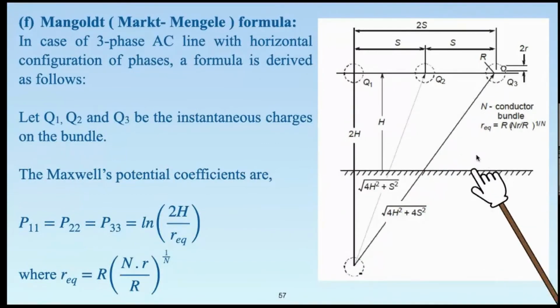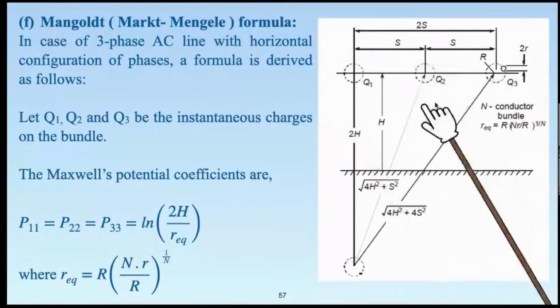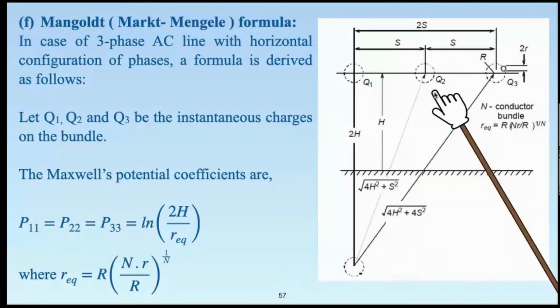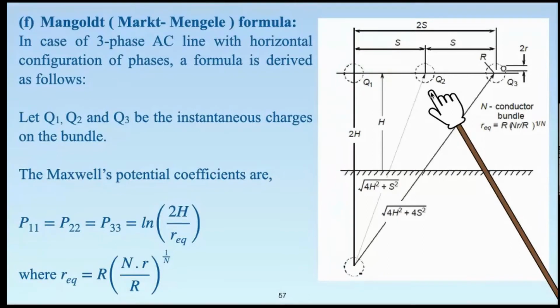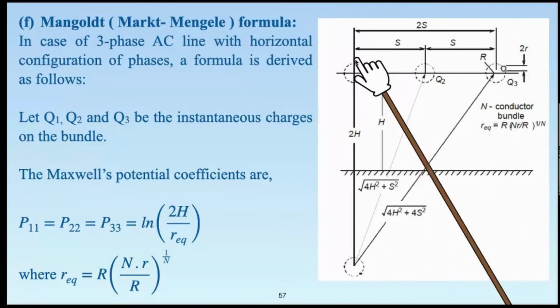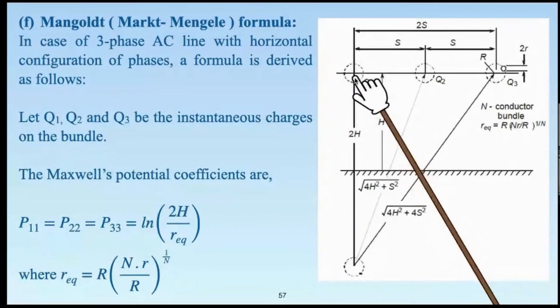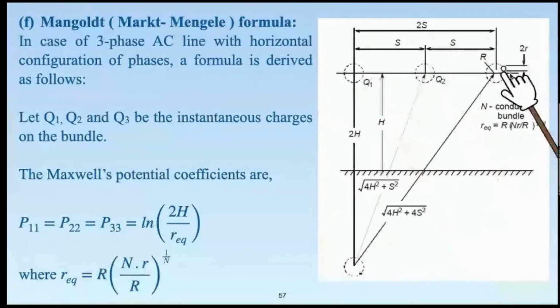So for this configuration, we want to evaluate where is the maximum electric stress, at what point it is maximum. So for this, what we do is we try to find out the electric stress on the surface of conductors, let us say for the conductors which are located on the outer side of this configuration.